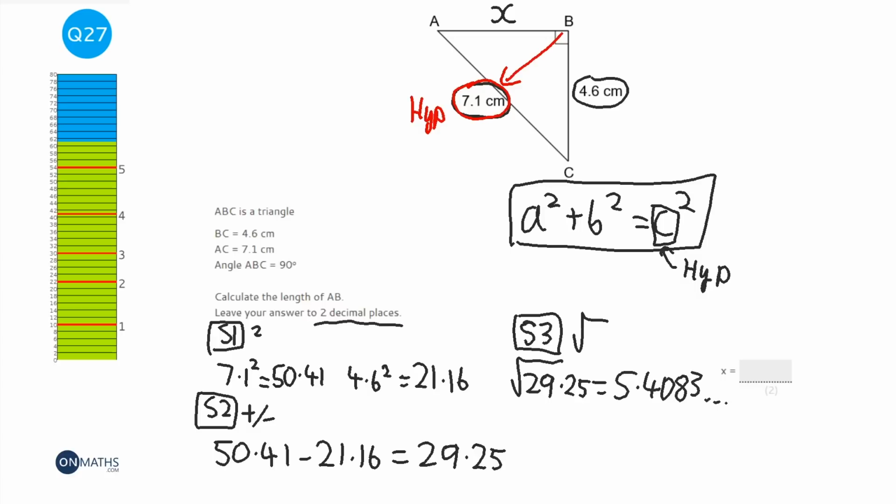It wants two decimal places, so I'm going to write 5.41 because that 8 moves that 0 up by 1. Now, last step is just check it makes sense. Well, this being 5.41 means that the 7.1 is still the longest side, so we know we've probably got it right.